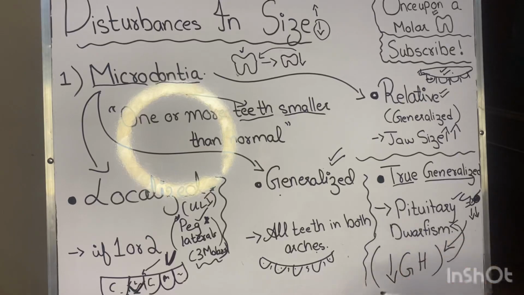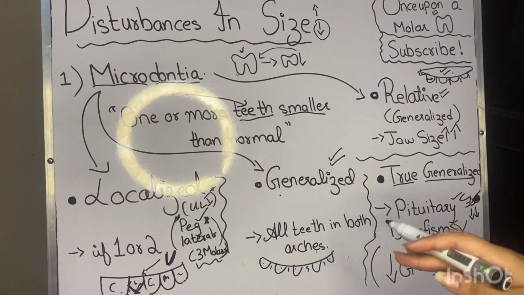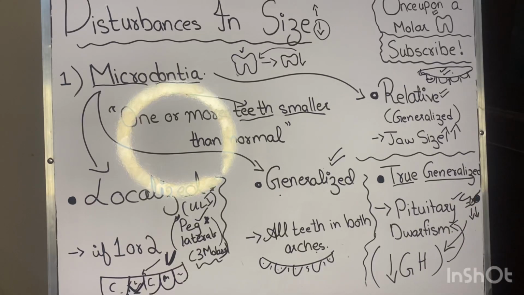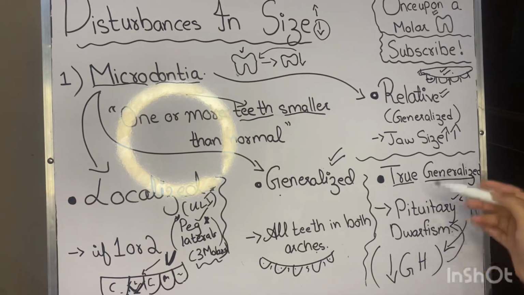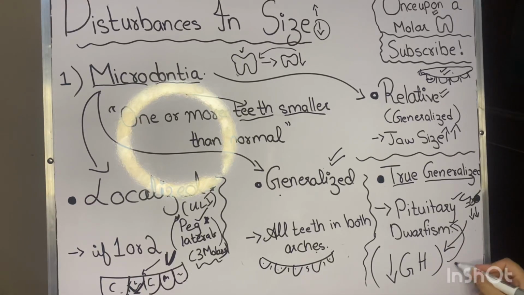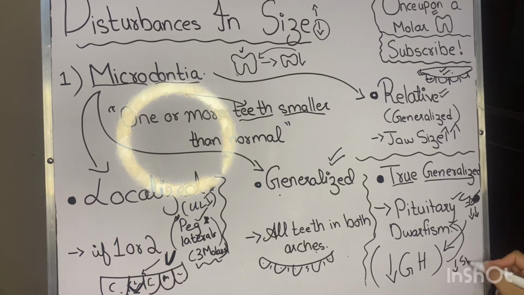Dwarfism is basically, you've probably seen, they have short height, and their bone and soft tissues and hair, everything just grows at a very slow pace compared to the normal adult, okay? So these people are also going to have small size teeth, okay?